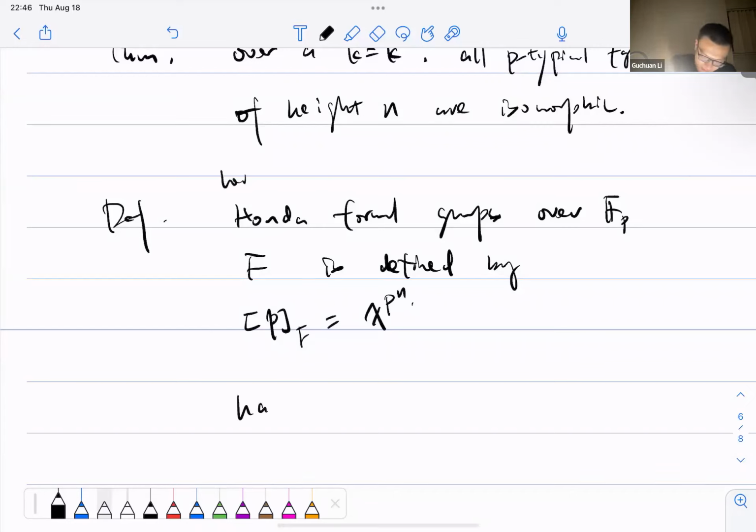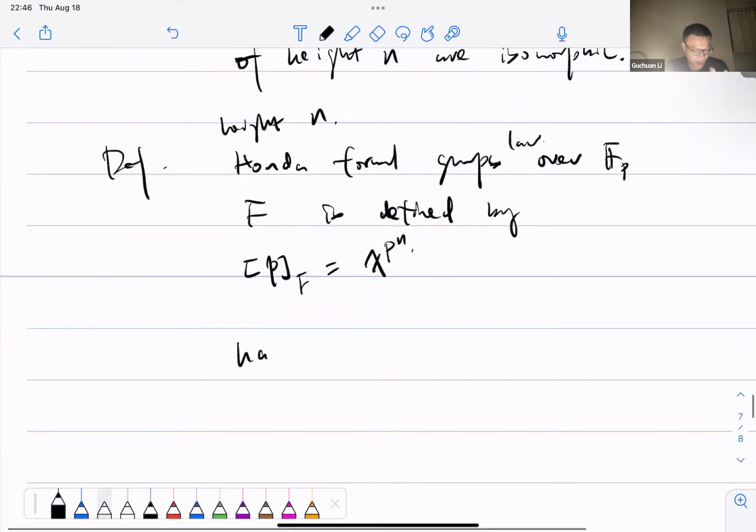So for each height, there's a Honda formal group law, and the definition is determined by its p series, which is given by a very simple formula. The simplest one could be x to the p to the n, because the first time the coefficients are non-trivial is at p to the power n. So this one has height n. And this will play a very important role later on.